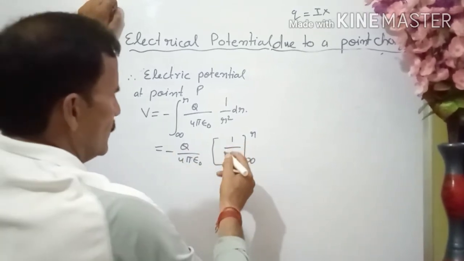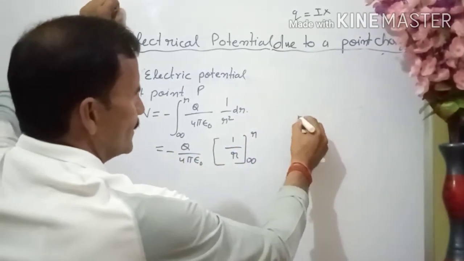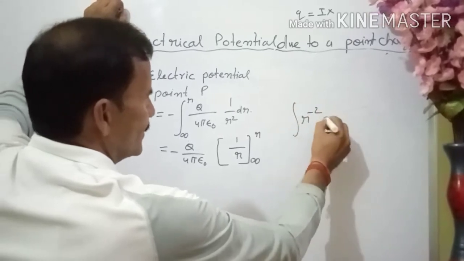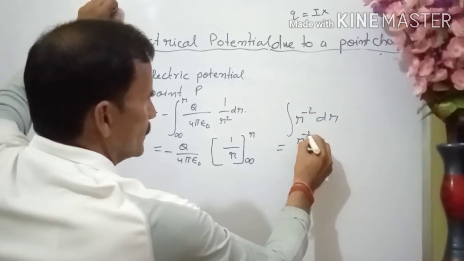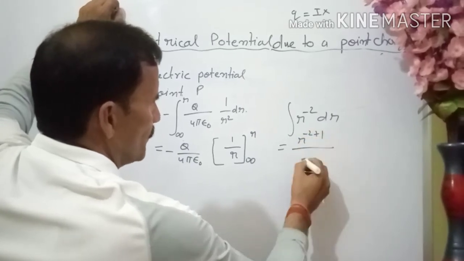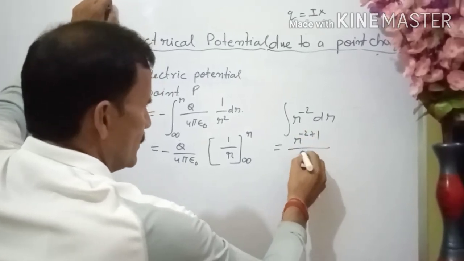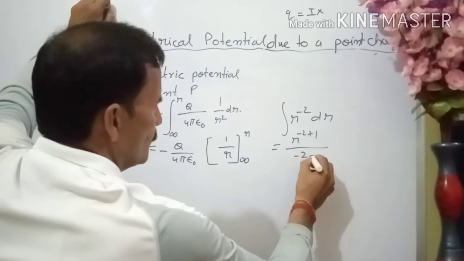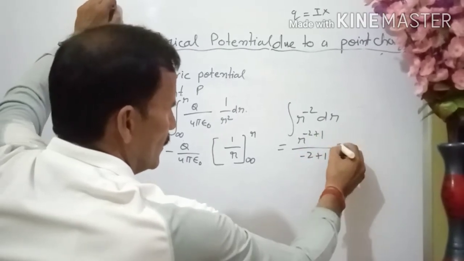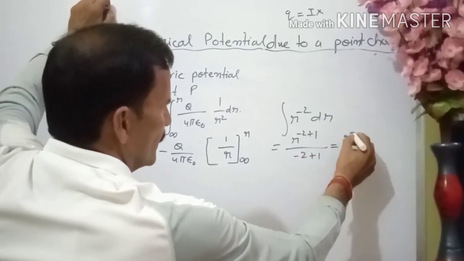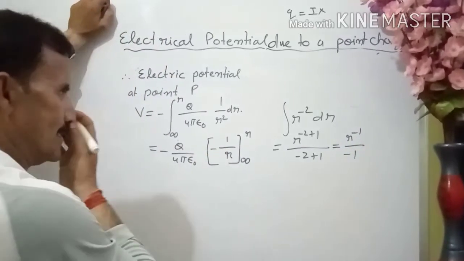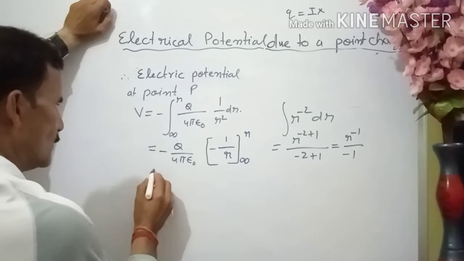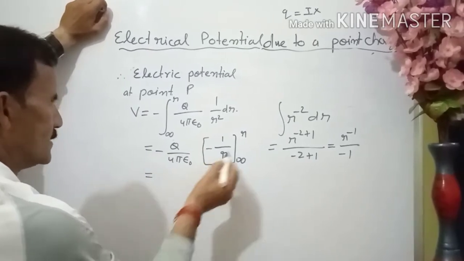And when you integrate r^-2 dr, you get r^(-2+1) upon (-2+1). This is the formula. So you will get r^-1 upon minus, so minus minus will cancel out.